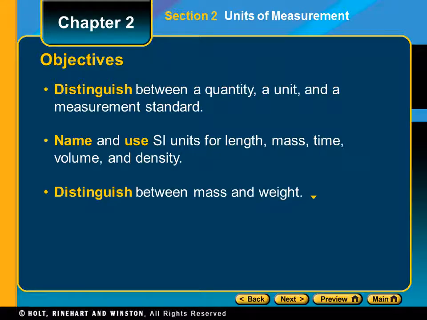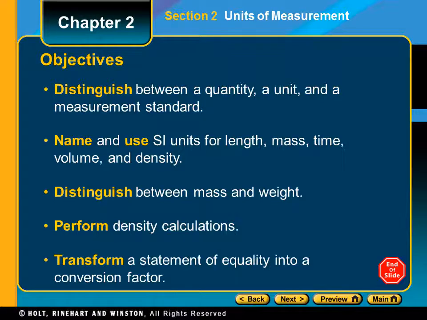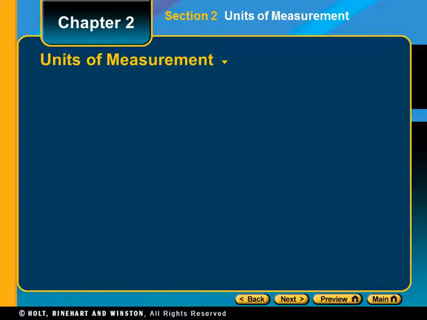We're going to distinguish between mass and weight, something that we've already done a bit. We're going to look at density calculations, and we're going to transform a statement of equality into a conversion factor. Now we're getting into the heart and soul of the types of problems you're going to do in chemistry. You're going to need to be able to do these and apply all of these properly and appropriately.